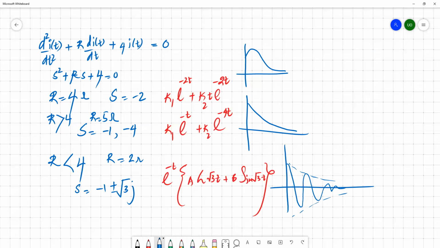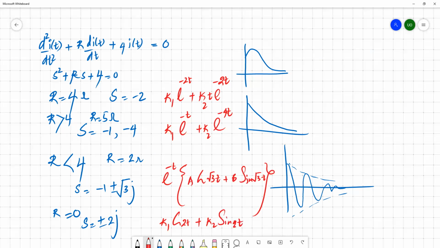If you select a resistance of 0, then the roots become plus or minus 2j. Then the response is simply k1 cos 2t plus k2 sin 2t.